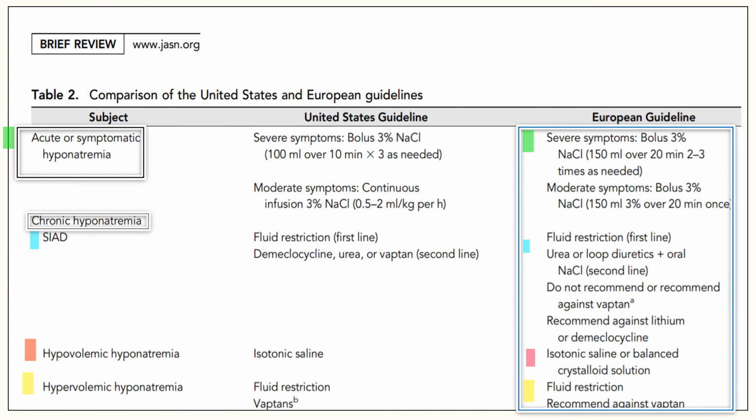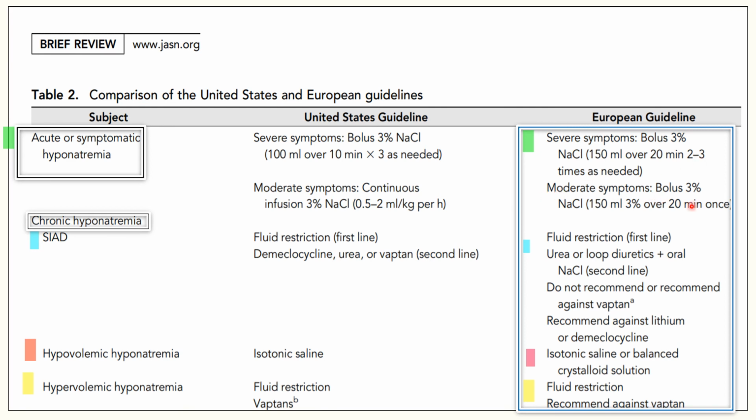And here you can see these are the guidelines, US guidelines and European guidelines, and you can follow either. We follow the European guidelines, and the treatment on top is for acute or symptomatic hyponatremia, which has to be treated with boluses of 150 ml 3% saline till the symptoms resolve. 2-3 times you can repeat it, right?